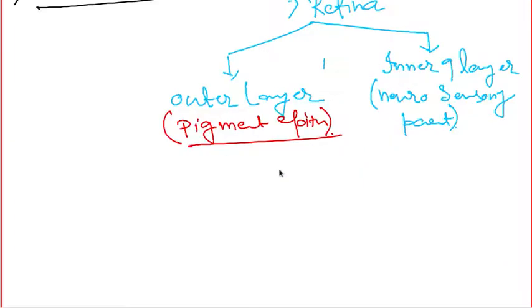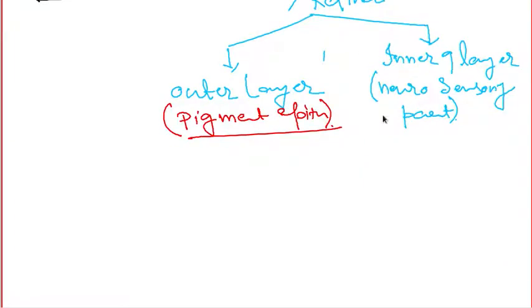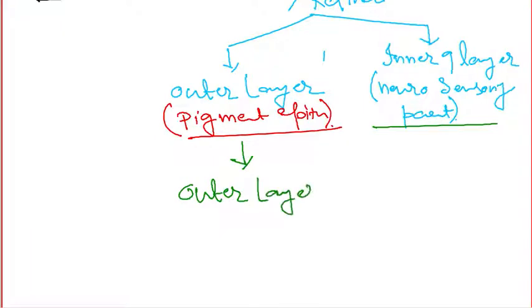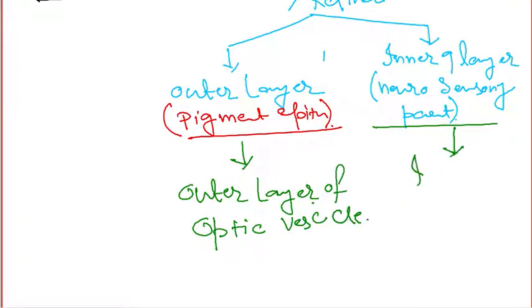and the outer pigment layer, is formed from the outer layer of the optic vesicle, and the other from the inner layer of the optic vesicle.